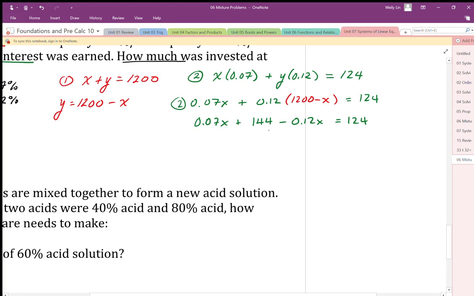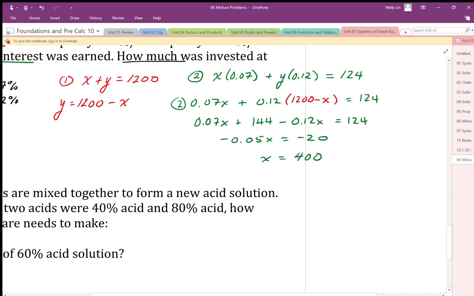When I combine like terms, I get negative 0.05x. I'm going to subtract 144 from both sides. I end up with negative 20. Dividing that by negative 0.05, that's going to be positive $400.